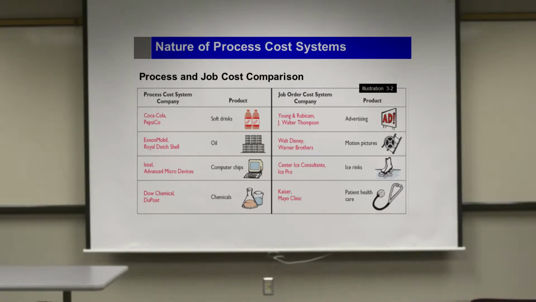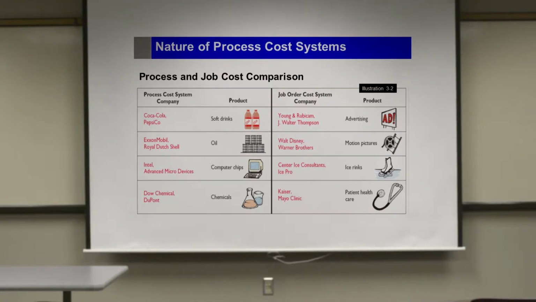As opposed to that, if you are a soft drink manufacturer like Coca-Cola or Pepsi-Cola and you have a 2-liter bottle, then it is a 2-liter bottle, the cost of each bottle is similar, and it goes through a similar process.